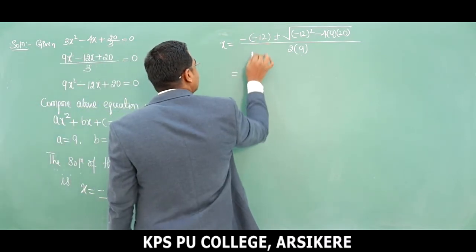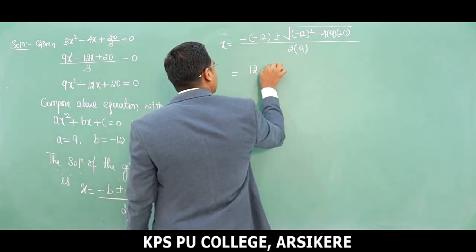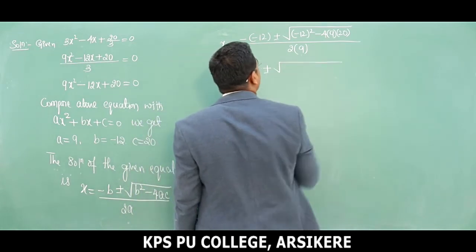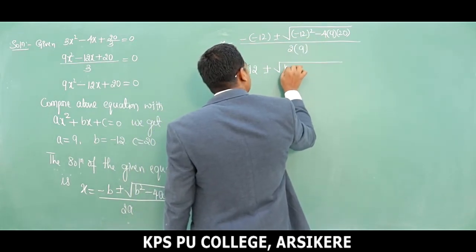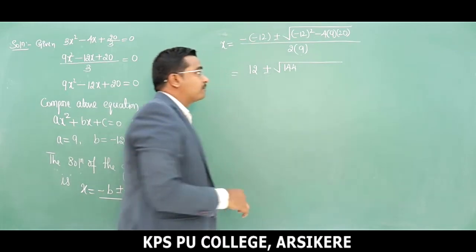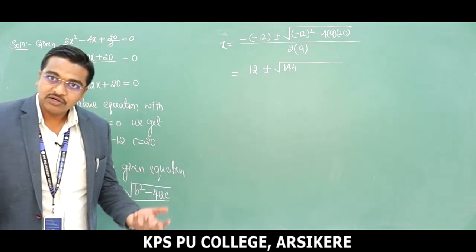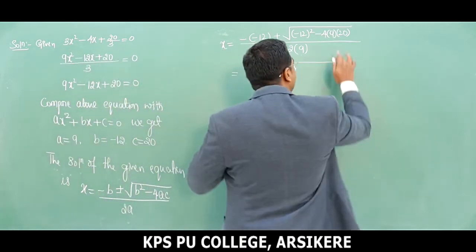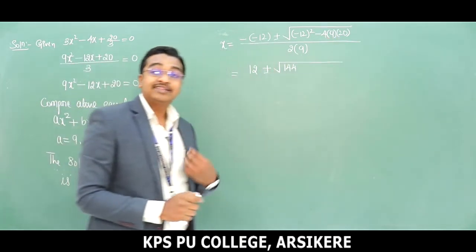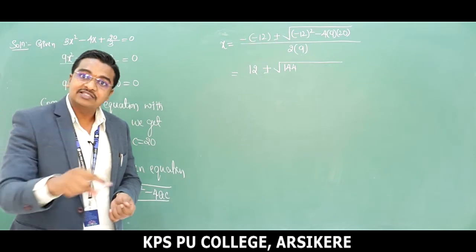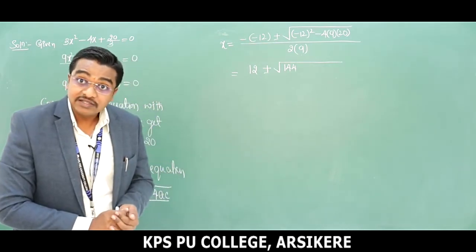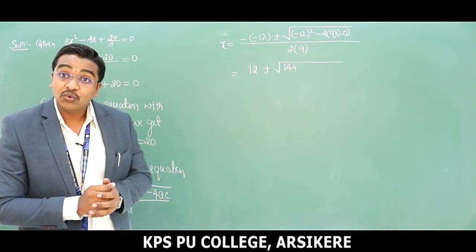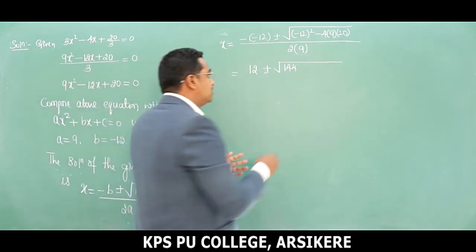Minus into minus becomes plus square root of minus 12 whole square. This is 144. Remember, minus 12 whole square is nothing but 12 square is equal to 144 and 9 4s are 36. 36 into 2 we get 72 into 20 ಮಾಡಿದಾಗ 720 ಆಗುತ್ತೆ.